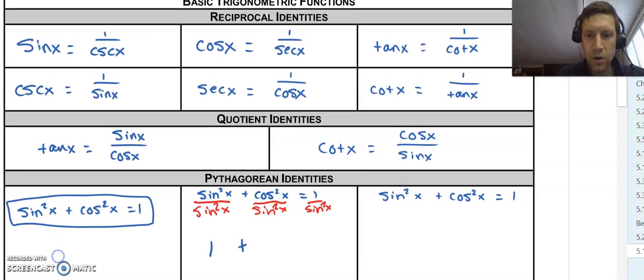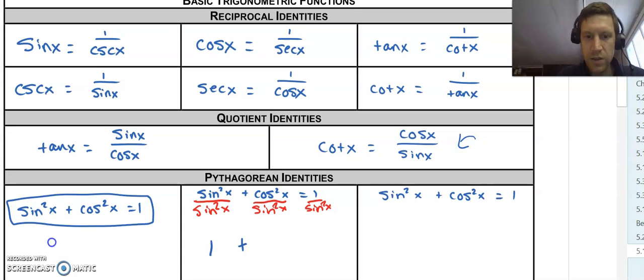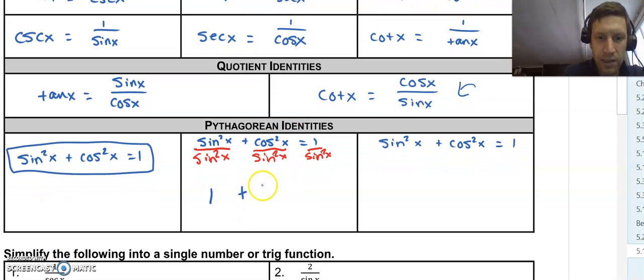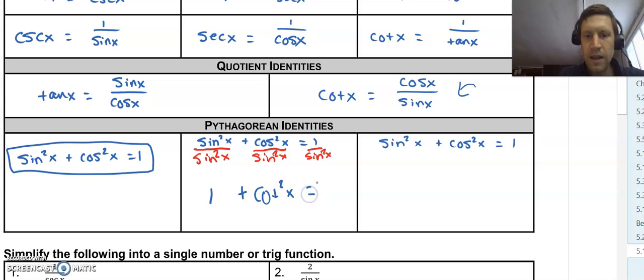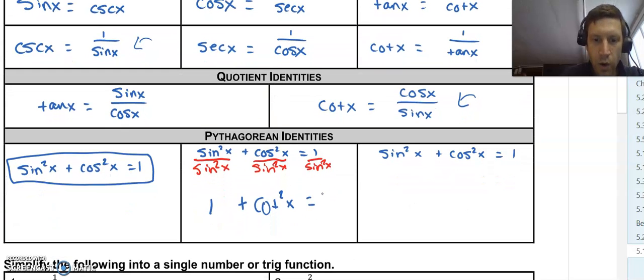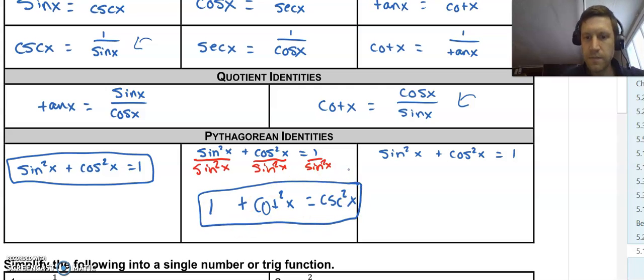So if I'm squaring the top and bottom, that identity works the same. It's just cotangent squared of x. And then 1 over sine squared, well, 1 over sine is cosecant. So 1 over sine squared would be cosecant squared of x. So here's a second Pythagorean identity.